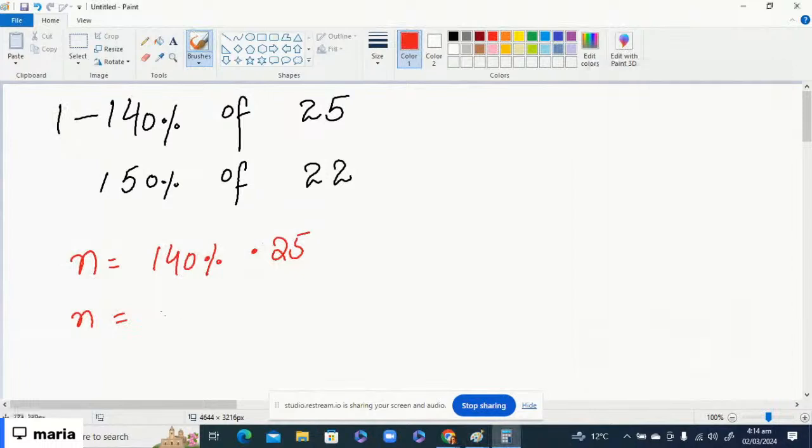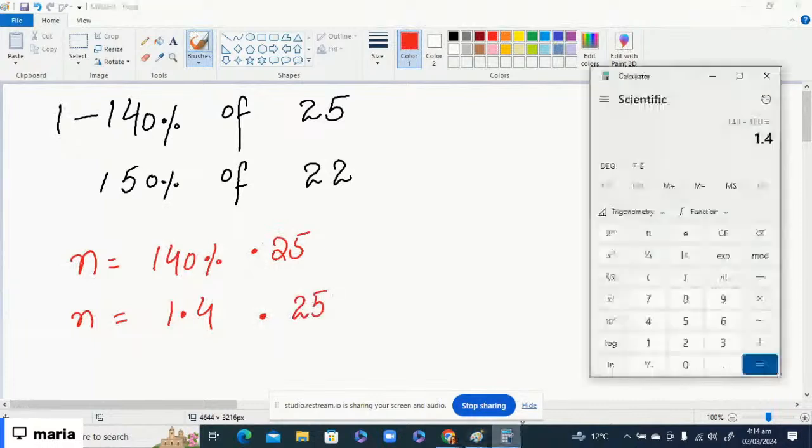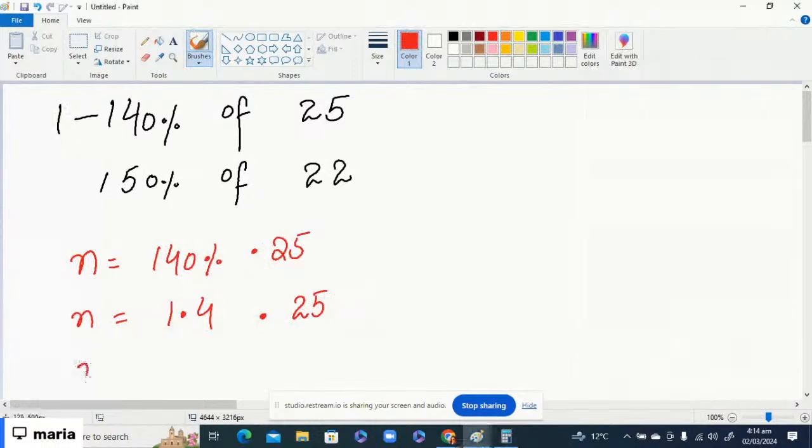Okay, this is 1.4 times 25. 1.4 times 25. The answer is 35. So what is the value of n? That is 35.